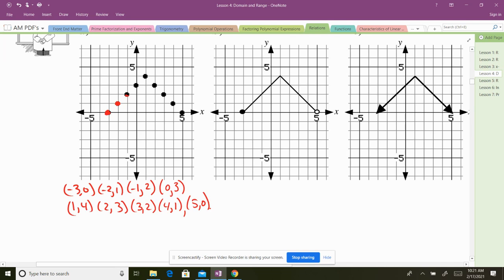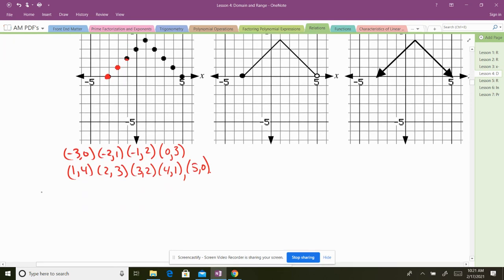So if I said, what's the domain of that graph, what would you say? You're just going to list all the x values, right? Just like we did in the above. -3, -2, -1, 0, 1, 2, 4, 5. And same for the range.